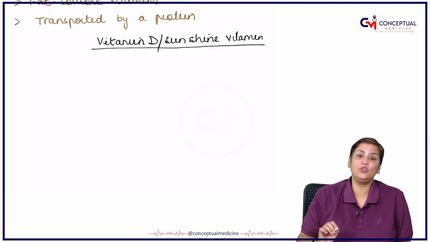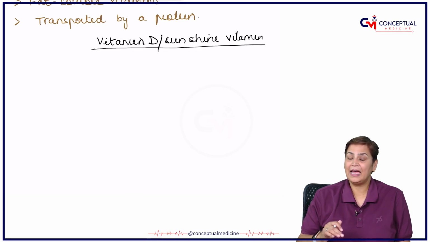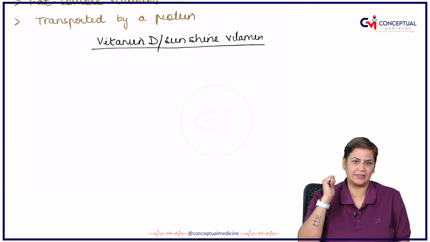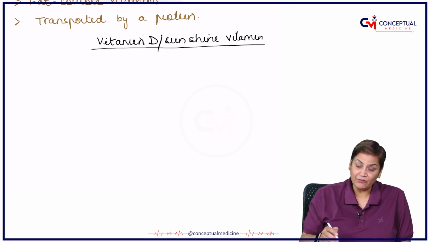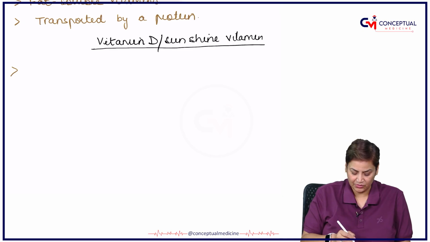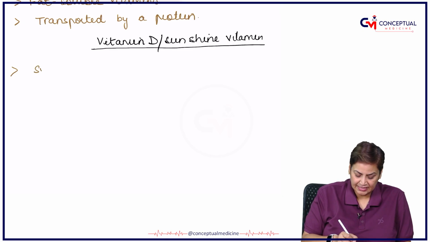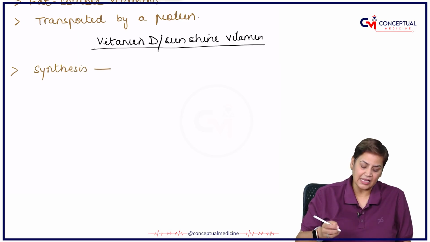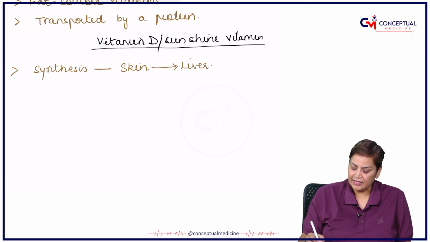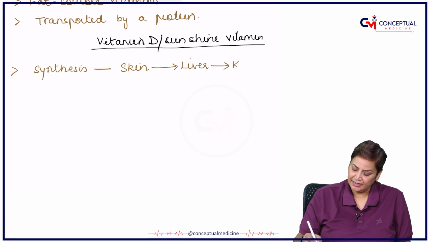The sun's UV rays are required for the synthesis of vitamin D, and it is the richest and major source of its synthesis. Vitamin D is synthesized basically in three main organs. The synthesis starts from the skin, then goes to the liver, and then finally to the kidneys.